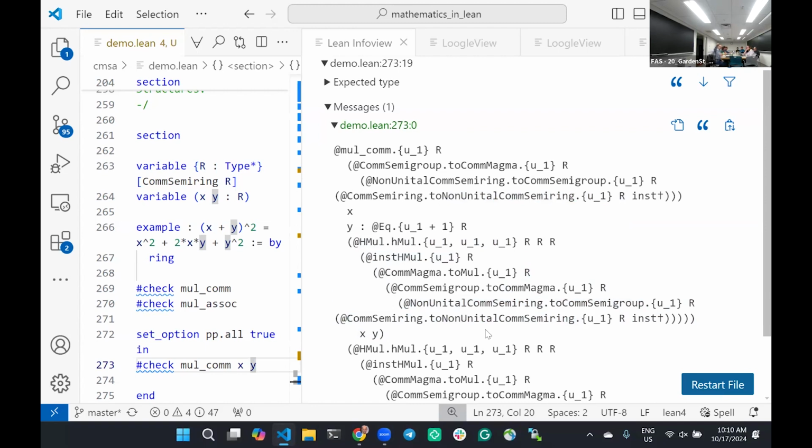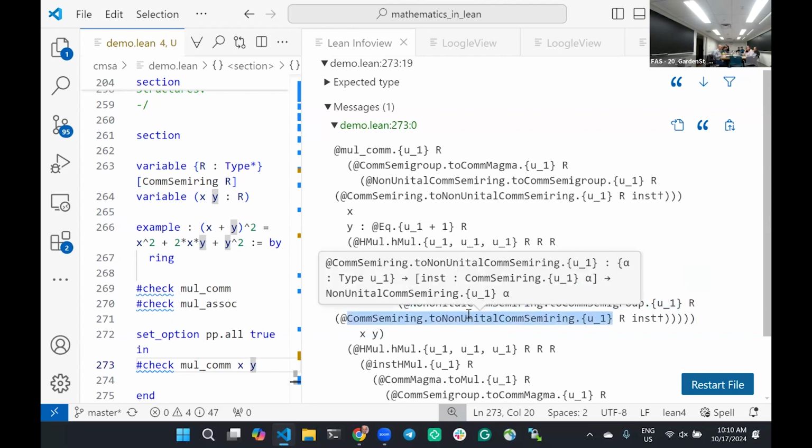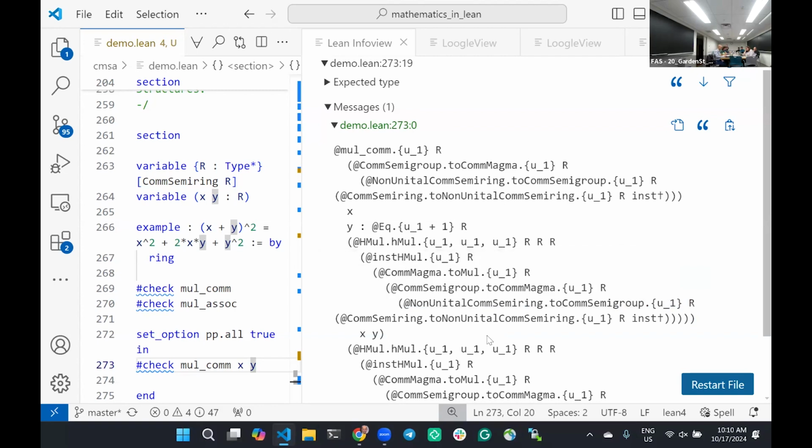Those seven lines are just the expression x times y. But to make sense of it, at the bottom is the x and the y, and this is the thing that names the multiplication. Basically, because R is a CommSemiring, it's a NonUnitalCommSemiring, and hence a CommSemigroup, and hence a CommMagma.